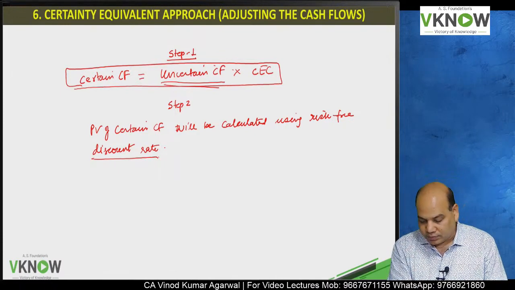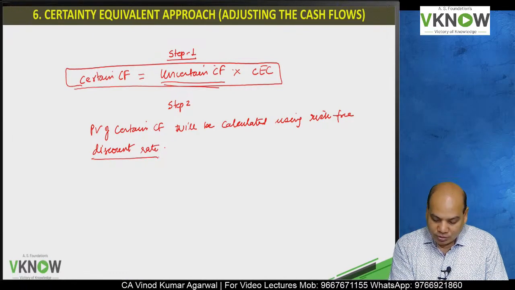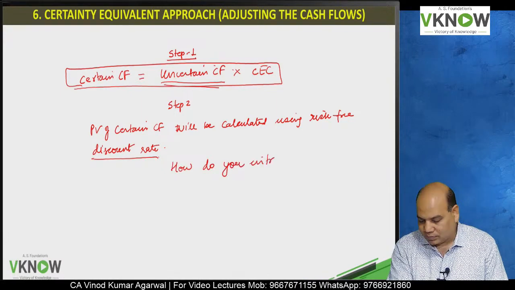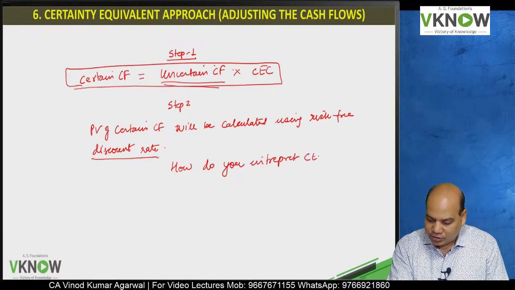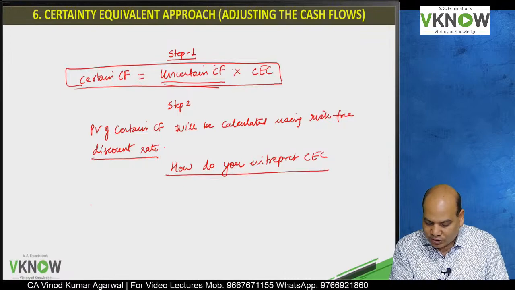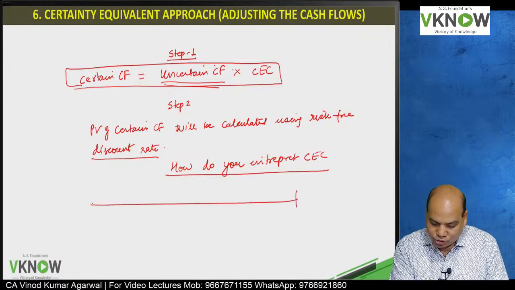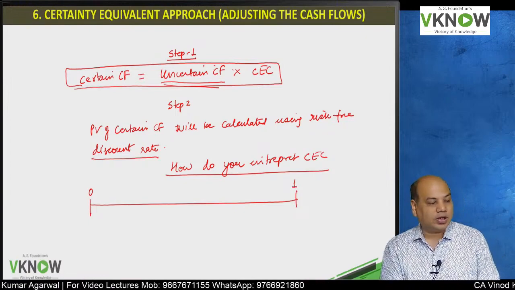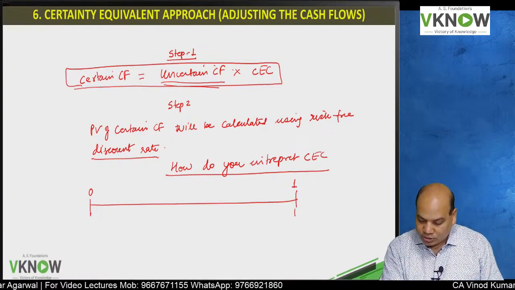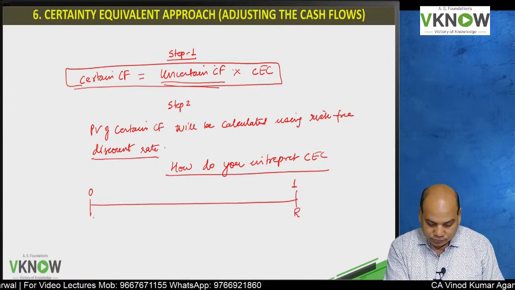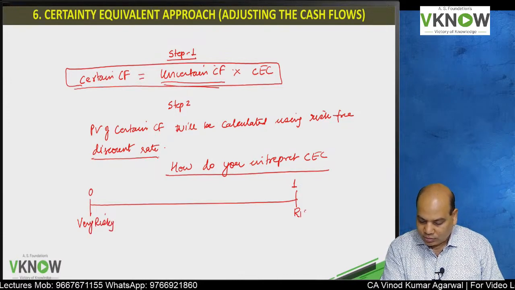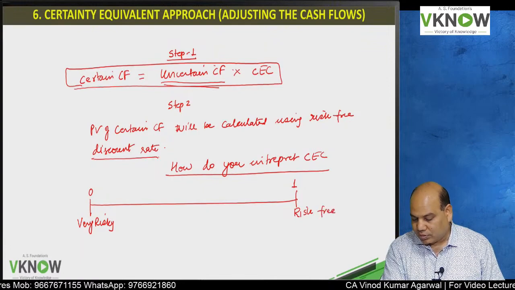Okay. How do you interpret CEC? CEC will lie in the range of 0 to 1. 0 means very risky and 1 means risk free.